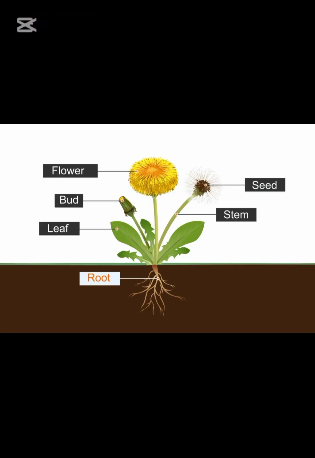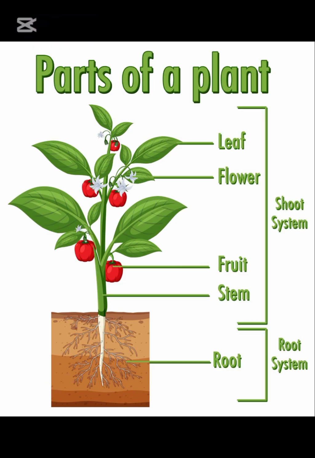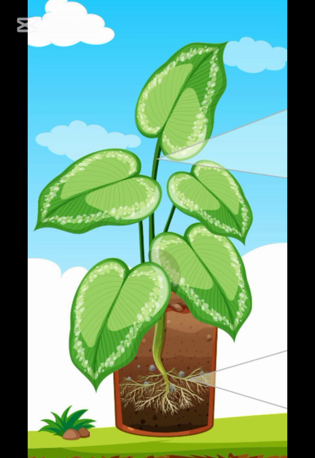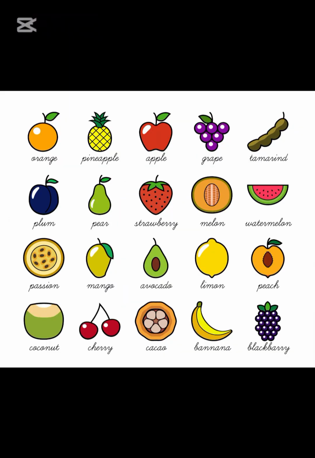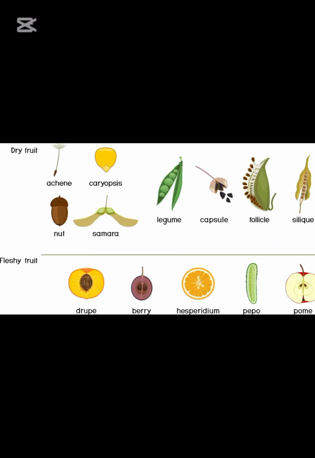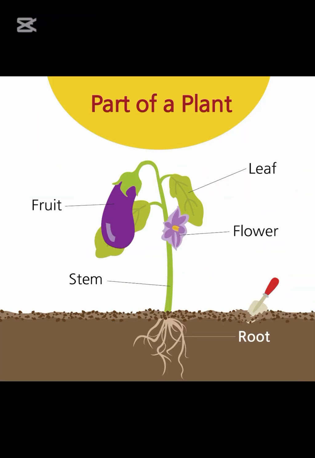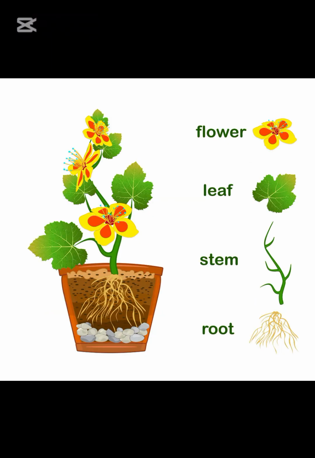So therefore, for your plant, there are different parts, and the first part you want to know is the stem. There is a part called the leaves, a part called the flowers, the fruits, and the seeds. Then the roots. The roots are the ones below the ground.